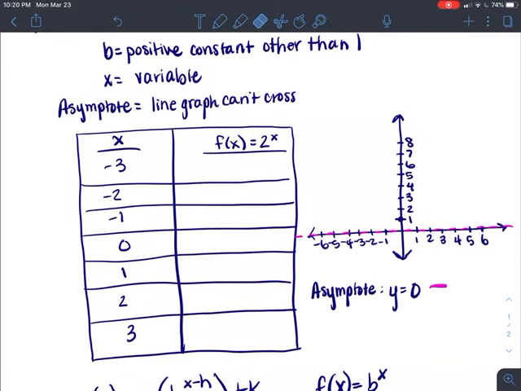So what they're asking us to do right here in this box is to complete the function f of x equals 2 to the x power.